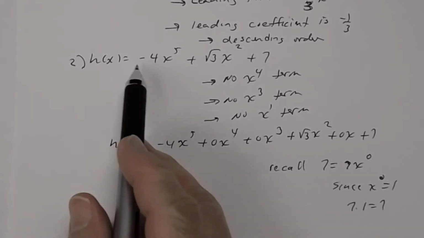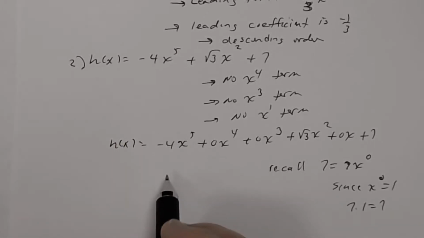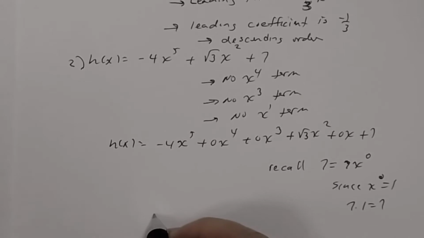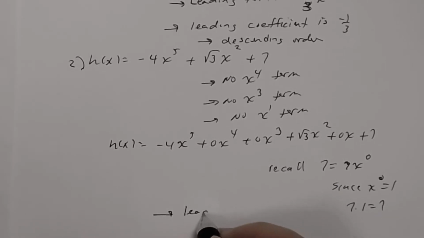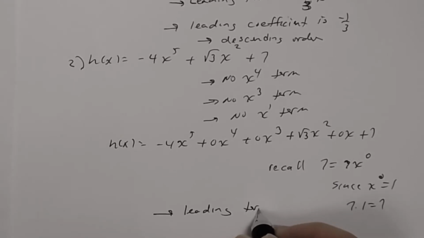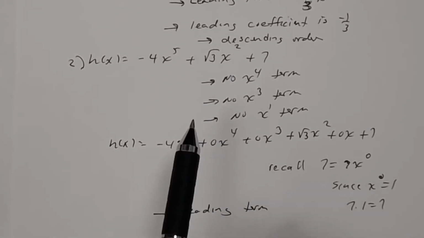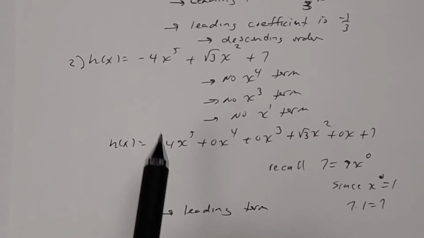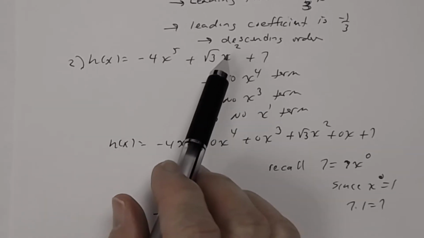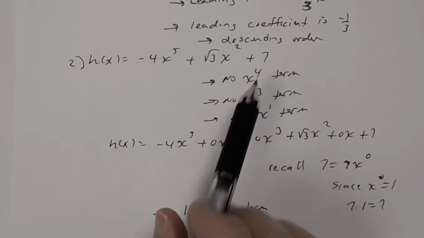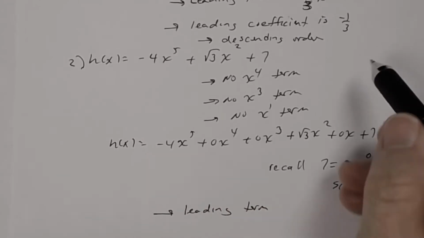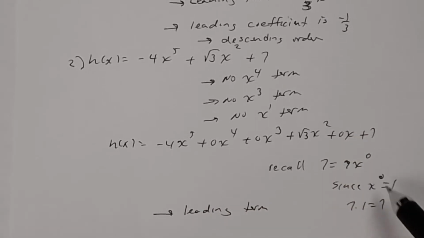Okay, so what I want to ask you before we go on is this. What's your leading term in h of x, and number 2? It's the term with the largest exponent. That's a 5. That's a 2. Your constant has exponent 0 because that's 7 times x to the 0 power.